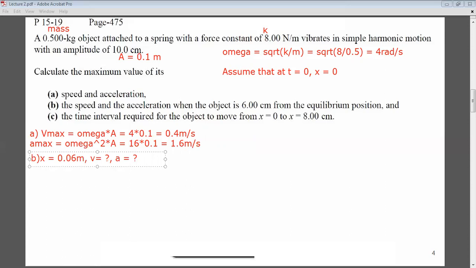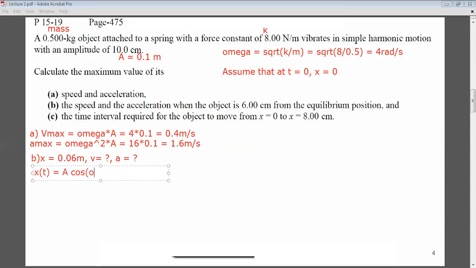Okay, here we have to remember that we have a formula for x of t. If we can find the time where x equals 0.06, then I can plug it in the formula for v and the formula for a and get v and a. So we will start with x of t, and see if this is more convenient for us or the other one.